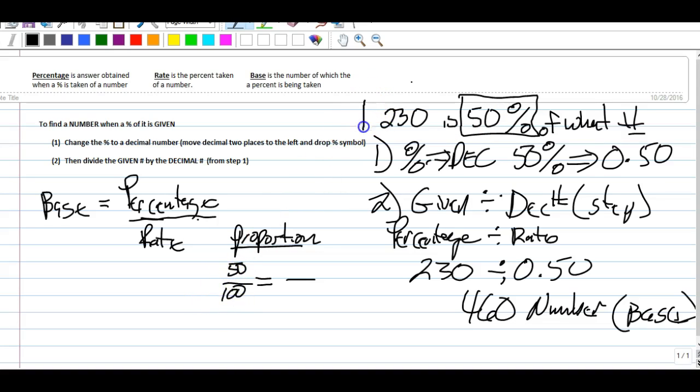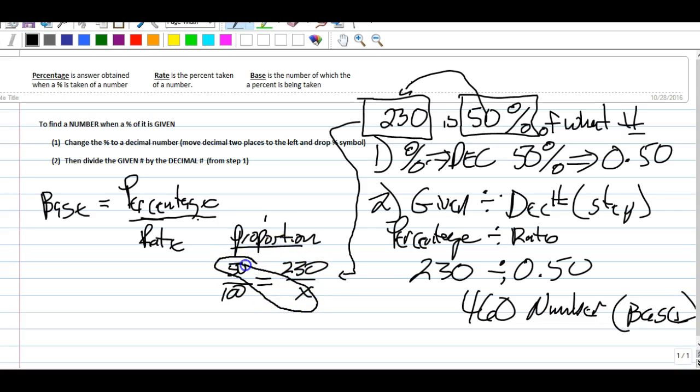Now I have one other number, that's 230. So I've got to decide where the 230 goes in this particular ratio. 50% is 230, so the 50 and the 230 correspond, and the number that I'm looking for, or the base, goes downstairs.